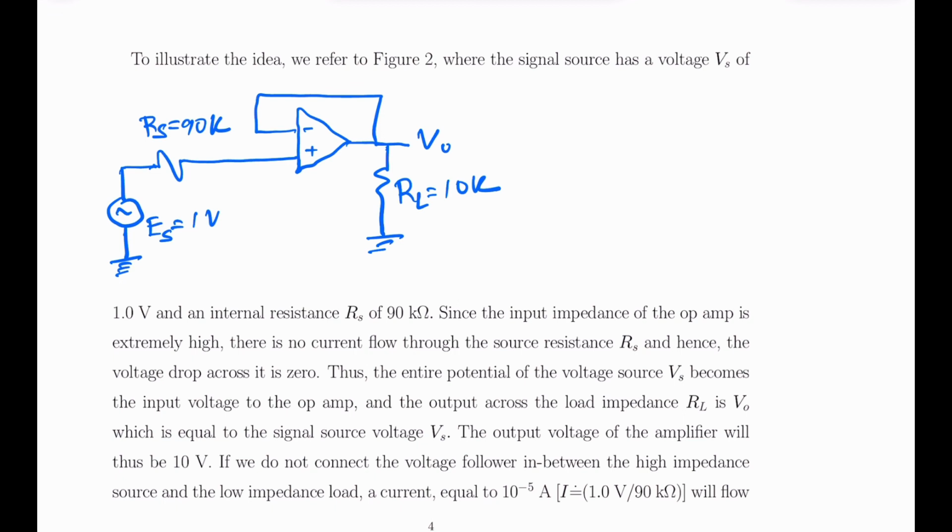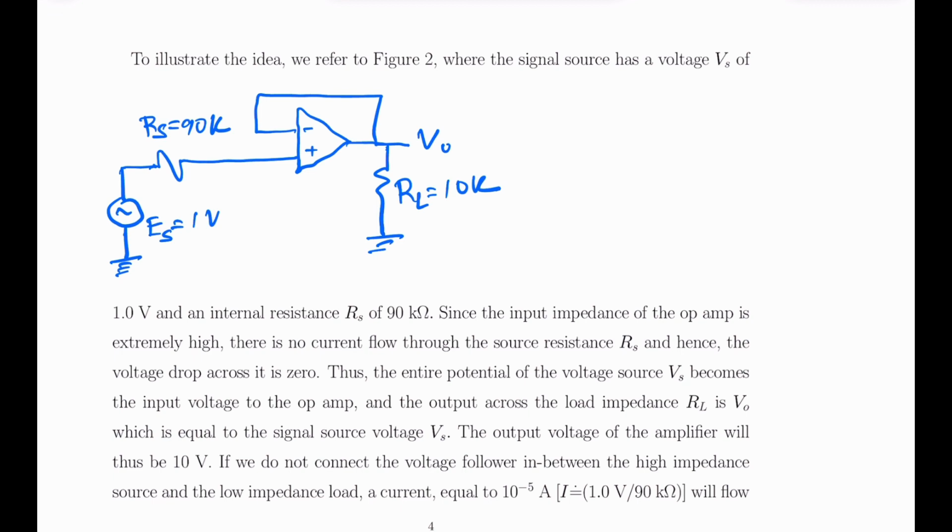So the ratio of output and input will be equal to unity. Because of the high input impedance of the operational amplifier, no current will flow through RS into the non-inverting input of the voltage follower operational amplifier circuit.